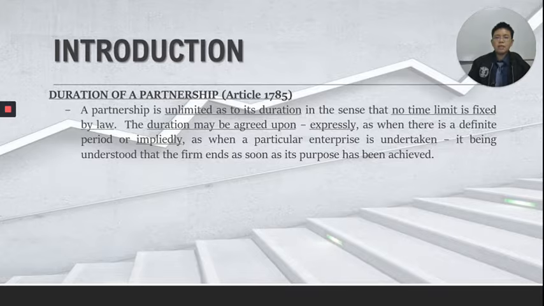So walang time limit is fixed. What else? Also, if the partnership is for a fixed term, ang duration niya is hanggang doon sa fixed term. And also, if a partnership is for a specific undertaking, ang duration niya is hanggang doon sa accomplishment ng specific undertaking. So remember, as soon as the undertaking is accomplished, the partnership will end.